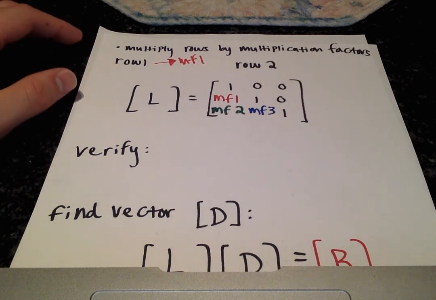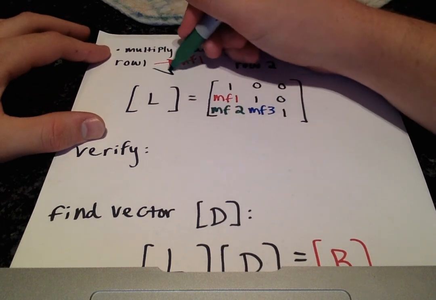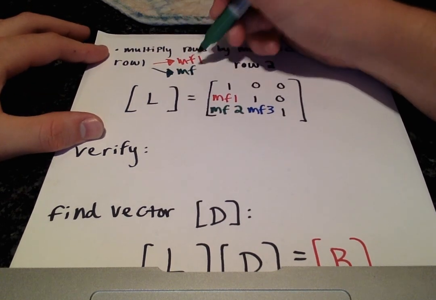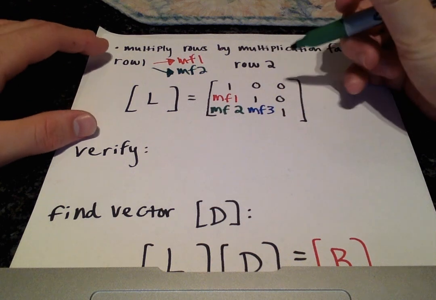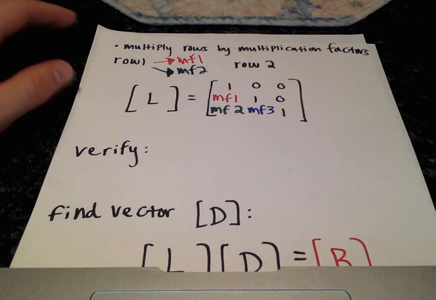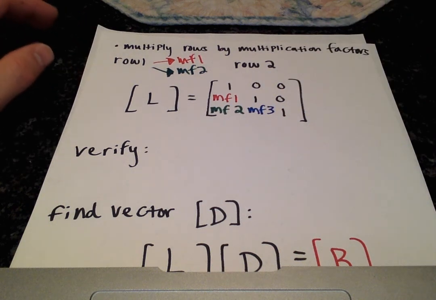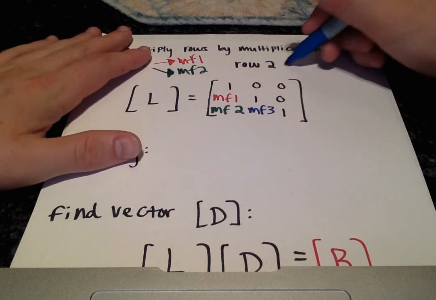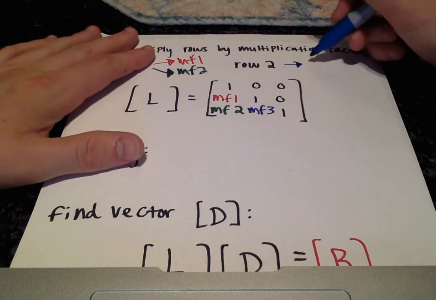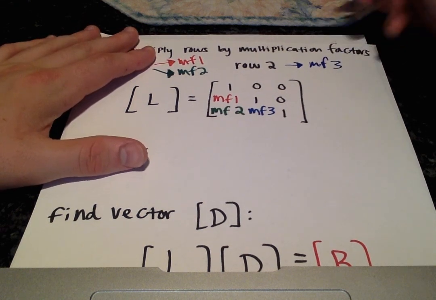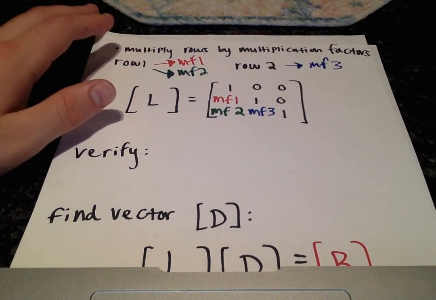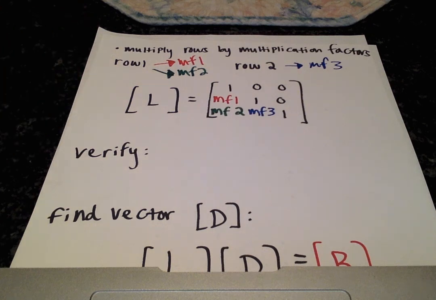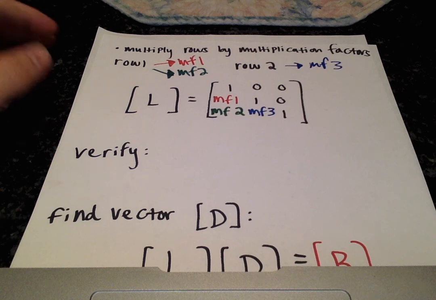Then we're going to do the same thing, multiply row 1 by multiplication factor number 2, and that'll cancel out the first term in the third row of the A matrix. And then finally, for row 2, we're going to multiply by multiplication factor 3, and this will cancel out the second term in the third row of the A matrix.